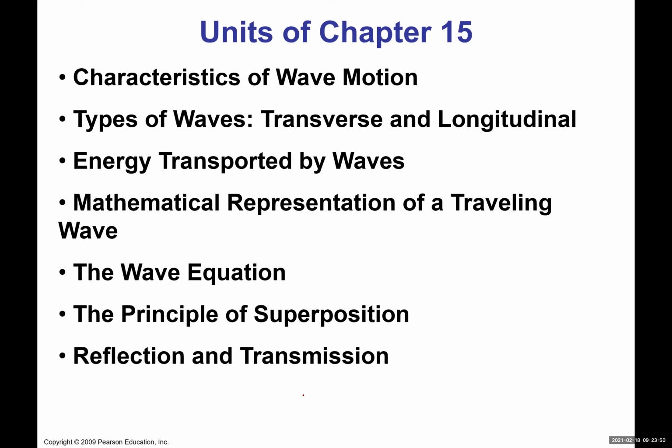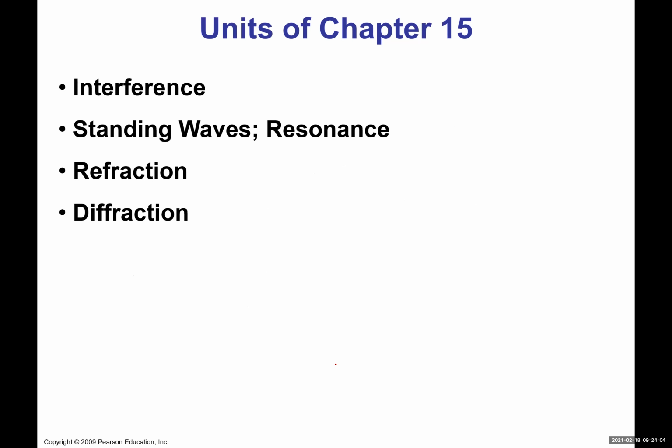All right, so then we're going to talk about the mathematical representation of traveling waves. We're going to look at the wave equation, and then we're going to look at some applications: the principle of superposition, reflection, and transmission. There's also interference, which is very unique to waves. Only waves can interfere, which in a way means that they can overlap without destroying each other.